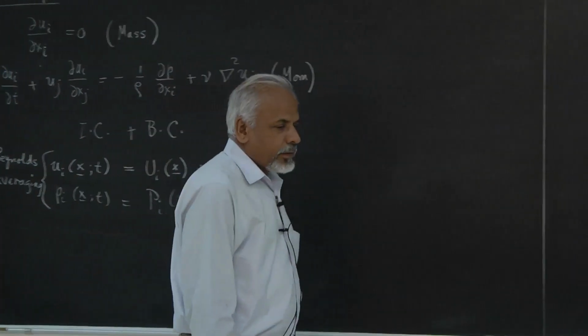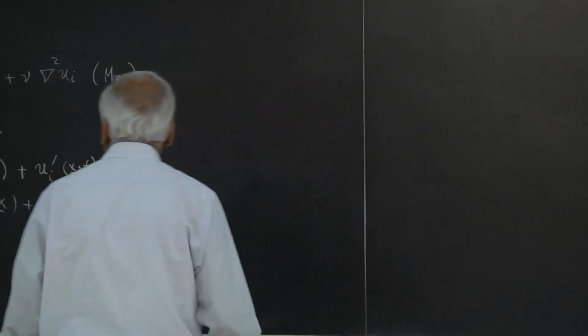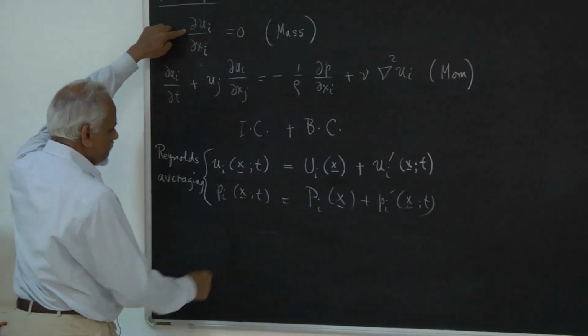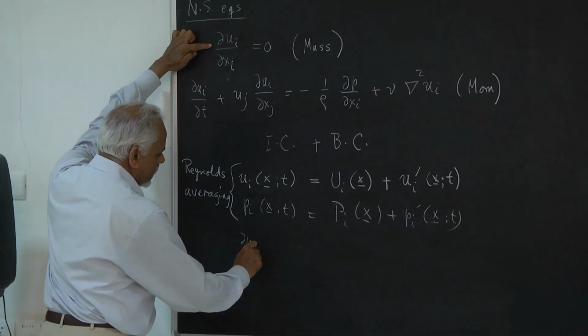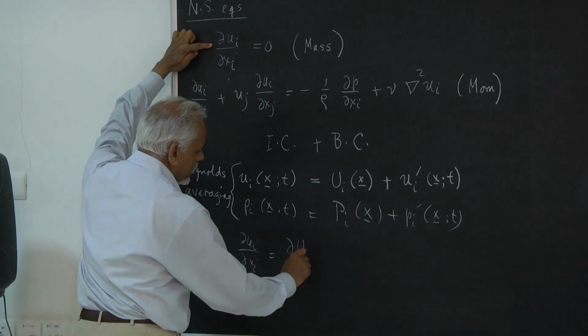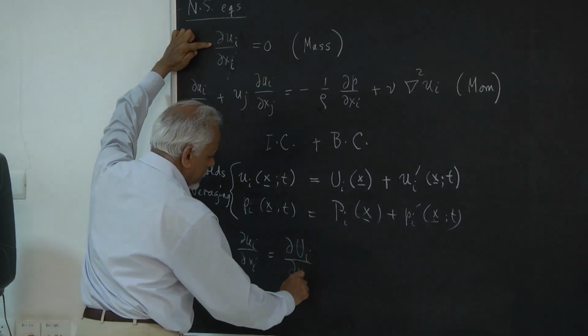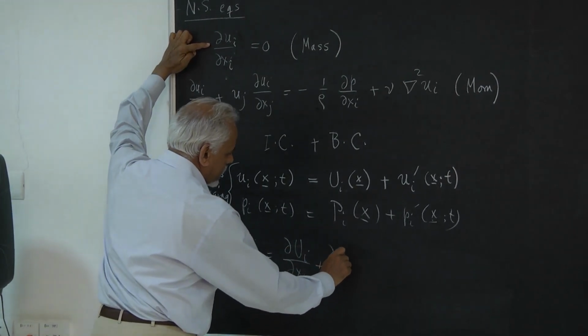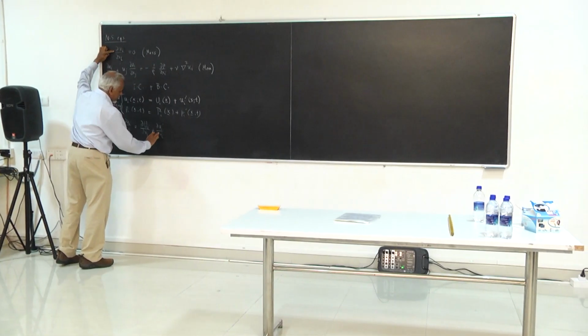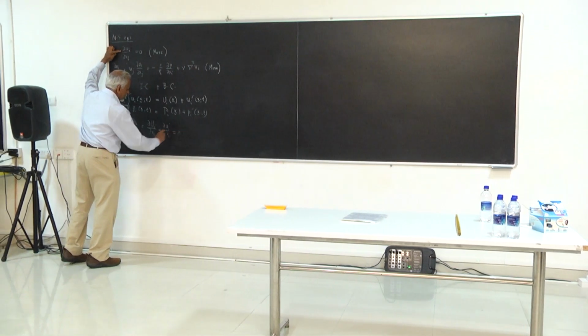So if I do that, I'm going to substitute this back into this here, for example. What will happen to dui/dxi? This is going to be dUi/dxi plus dui'/dxi, right? This is equal to 0.